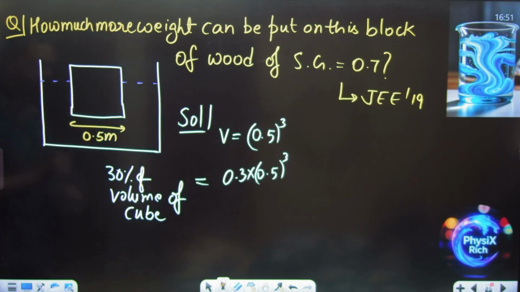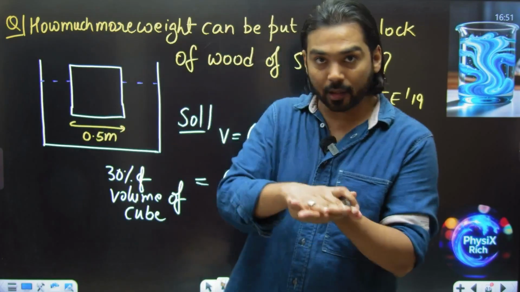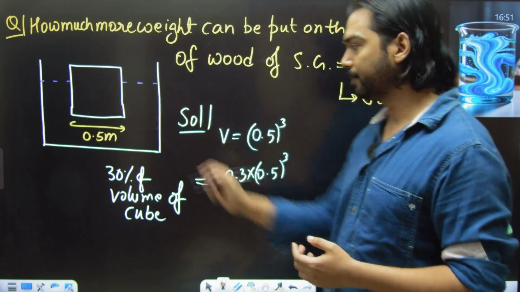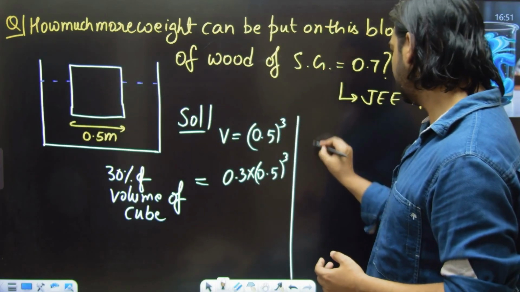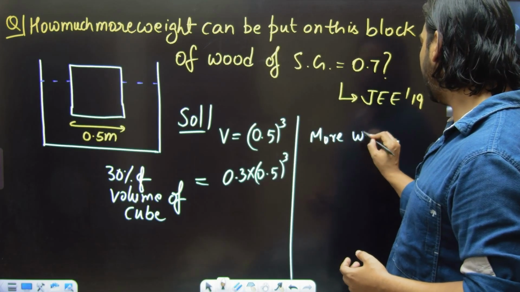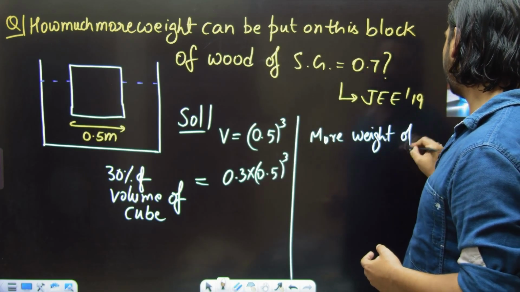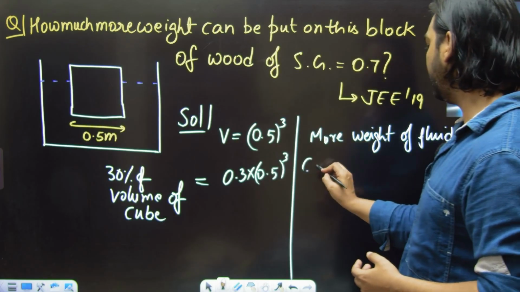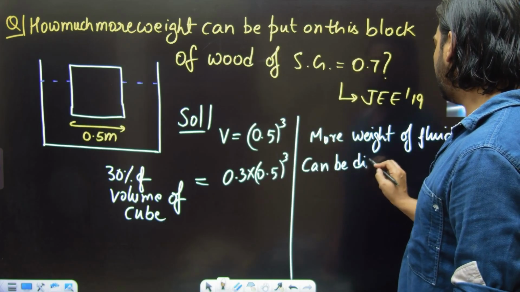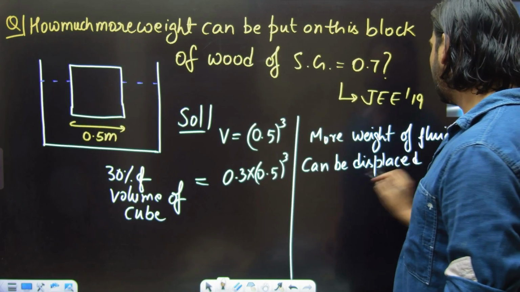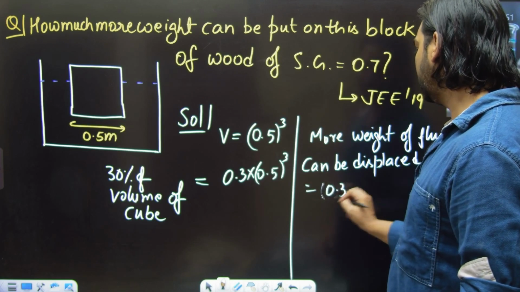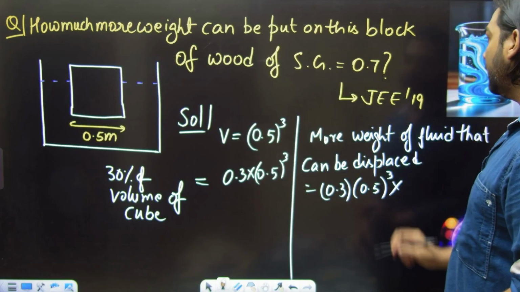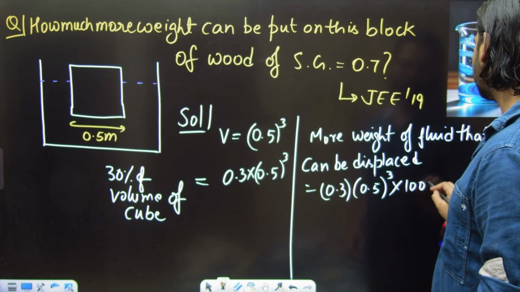Okay. Now this volume can be further pushed down. So what more weight of fluid can be displaced? More weight of fluid that can be displaced is 0.3 times 0.5 the whole cube multiplied by density of water, which is 1000.